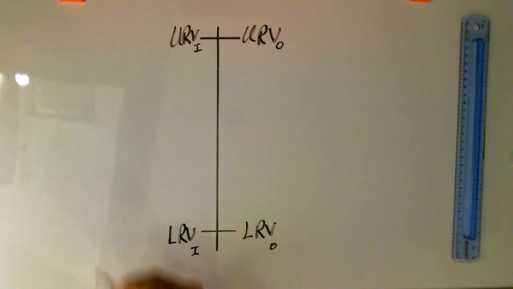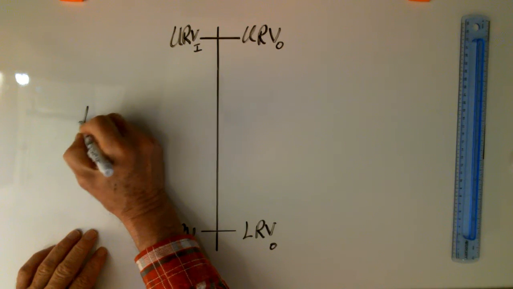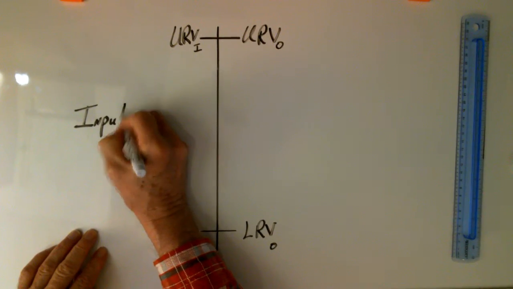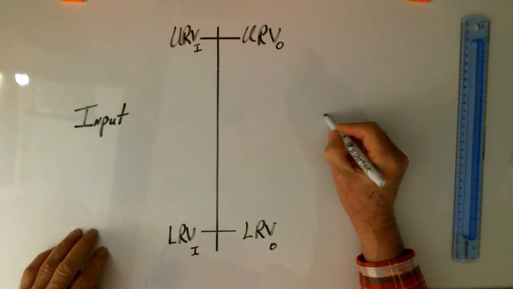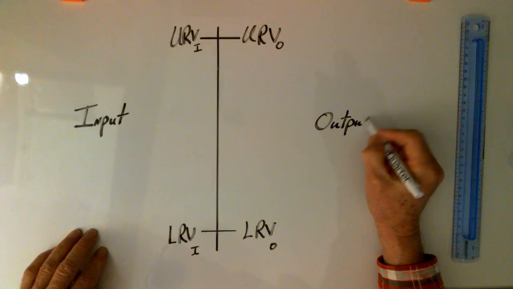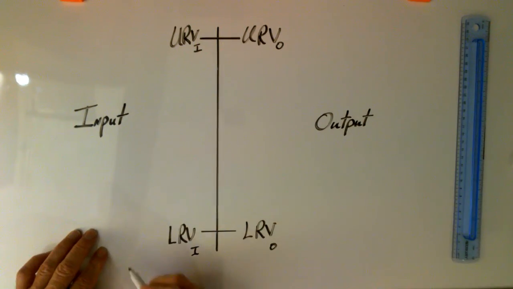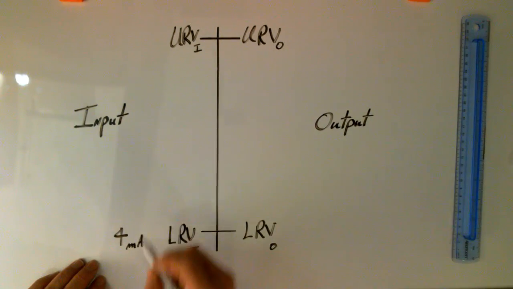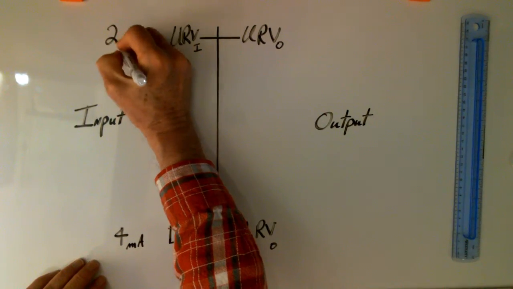Okay, so let's continue with that. This is our input on this side. Output is on this side. The input lower range value was 4 milliamps, and the upper range value was 20 milliamps.